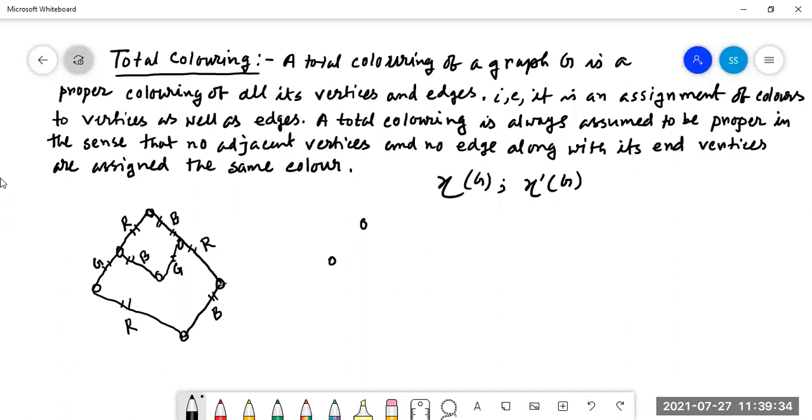So now look here, the color red. At first we are going for the red color.